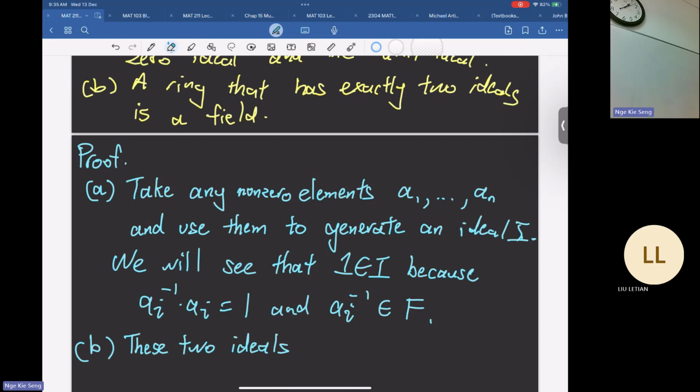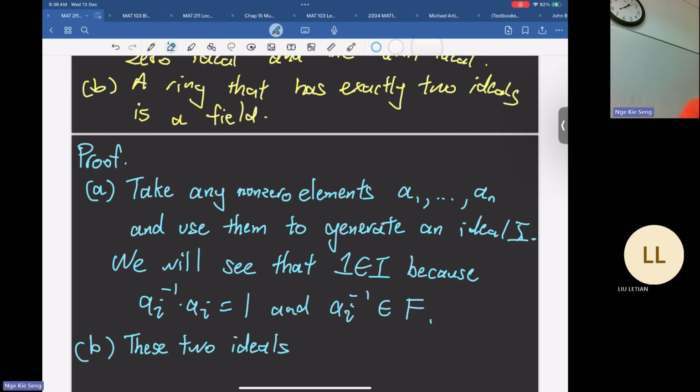So if you only have two ideals, these two must be the zero ideal and the unit ideal, because in your ring you must have a zero. If it's a non-zero ring, then you must have one. If one is equal to zero, then this is not a field.